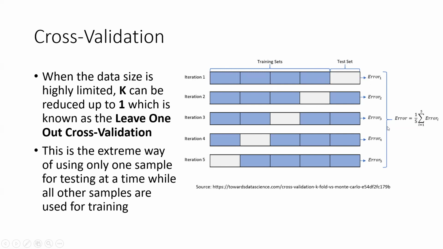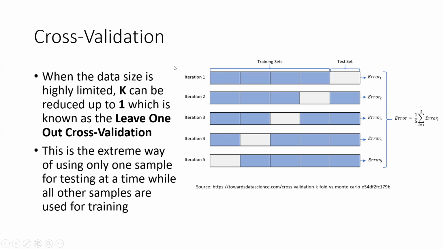So by taking the average of the errors, we have a better error, so that you can use it much more reliably, right? So the advantage is that you can have a better performance measure. The downside is that you would have to train it multiple times, right?